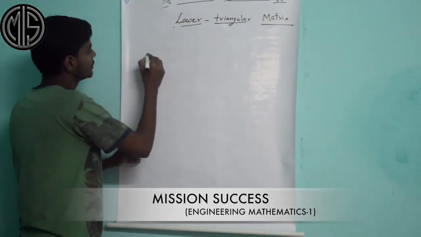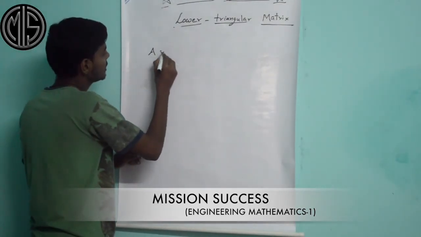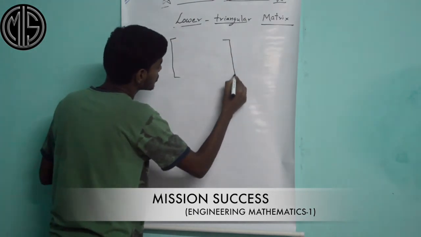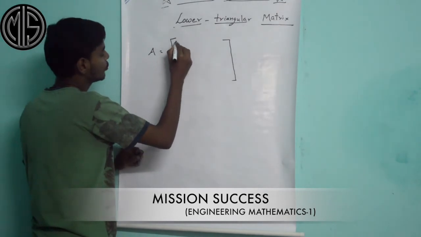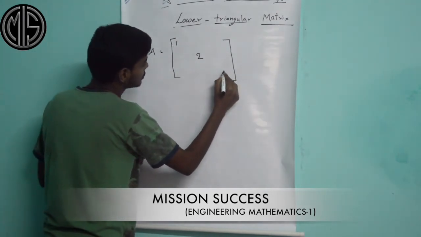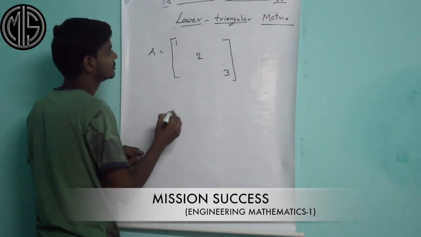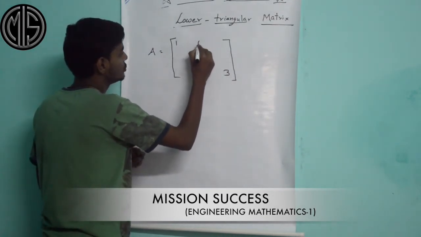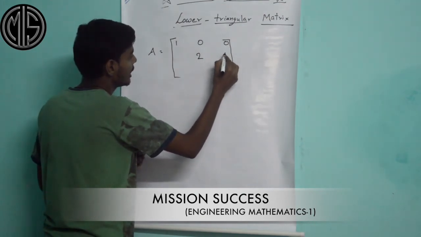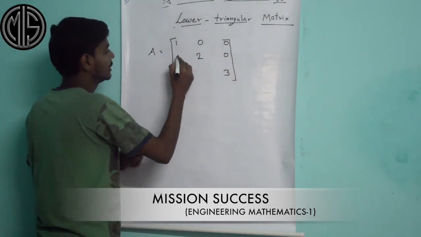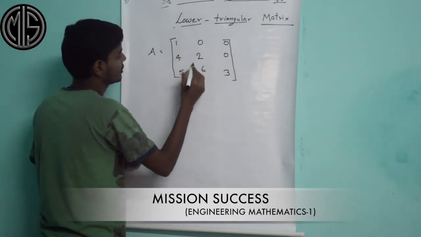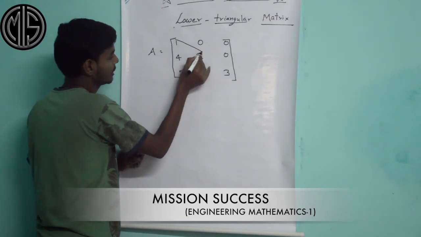Suppose matrix A equal to, draw diagonal element 1, 2, and here 3. Okay. 0, 0, and 0. Then something 4, 5, 6.